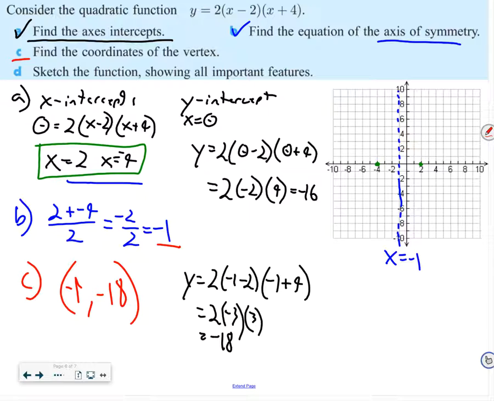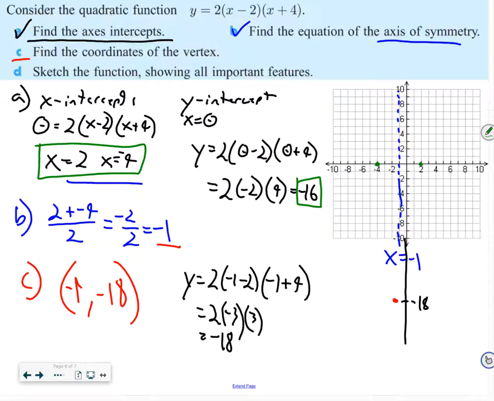So I'm going to be a little off my graph here, but please bear with me. So negative 1, negative 18 is going to be somewhere down here. My graph is extended down. And here is going to be negative 18. And then notice that my y-intercept, I haven't graphed that yet. My y-intercept was at negative 16.